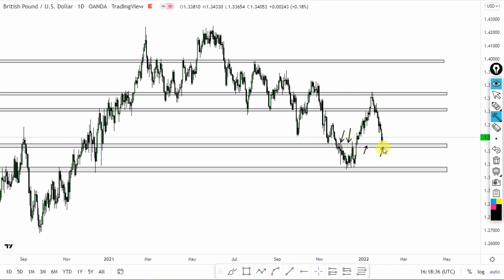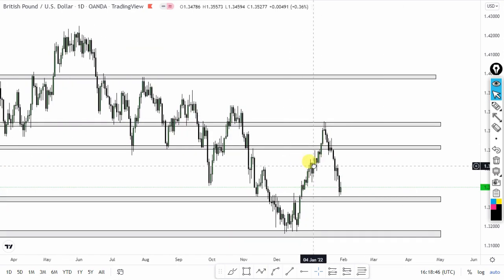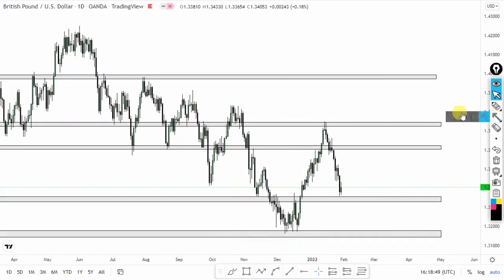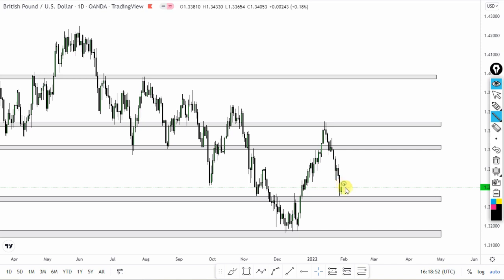Market is near to its major support zone. Trade this support zone after getting bullish evidence. And this resistance zone will be our target.